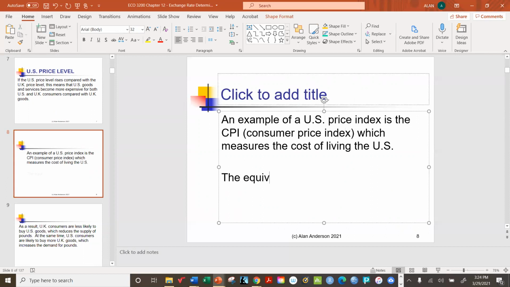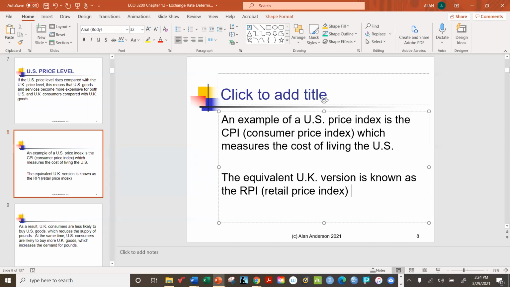The equivalent UK version is known as the RPI, which stands for Retail Price Index. And it measures, of course, the cost of living in the UK.